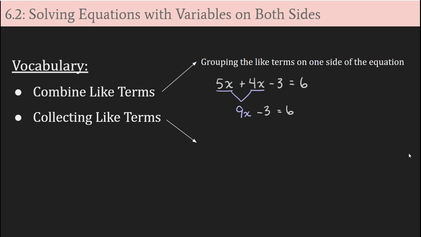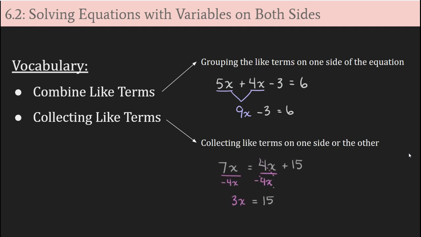On the other hand, when we look at collecting like terms, it means that we're collecting them on one side or the other. So in this example and in this topic, you're going to see that you have equations with variables that are on both sides of the equal sign.